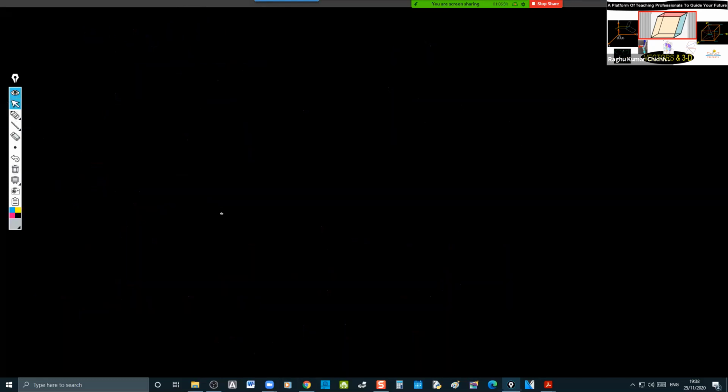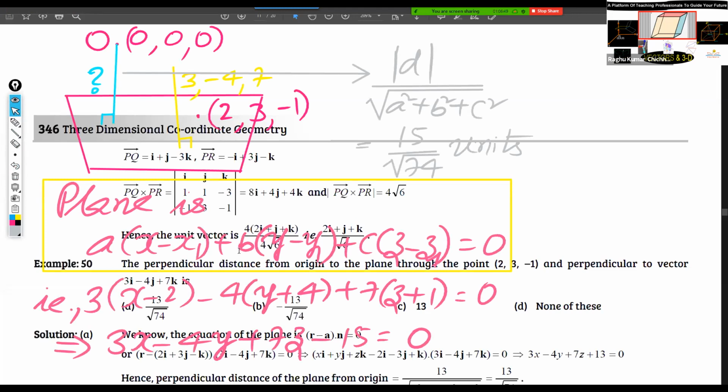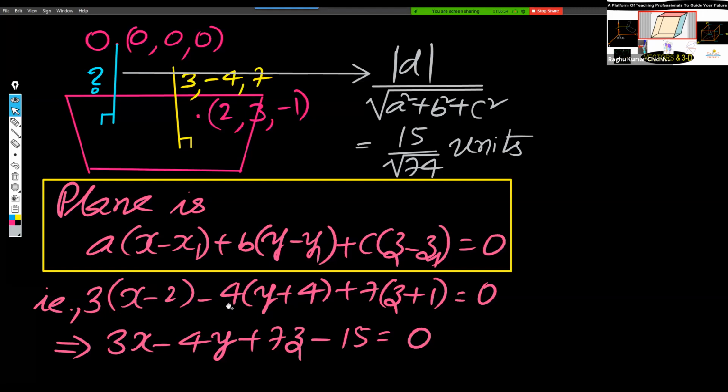Let us check the answer. But here it is given to be 13, I think. We got 15. That means there is a simplification mistake. Let me check once. This is minus 6 plus 16 minus 22 plus 7, is minus 15 only we have got here.